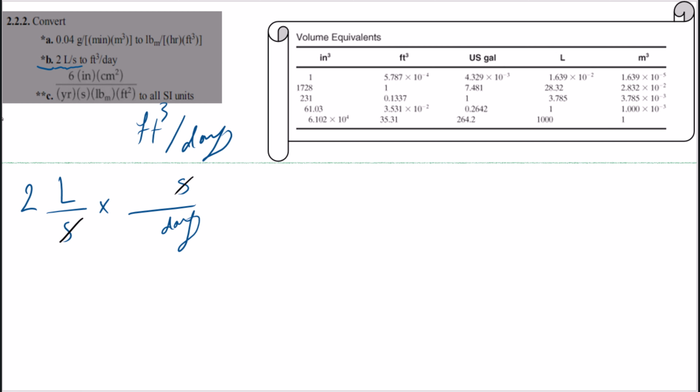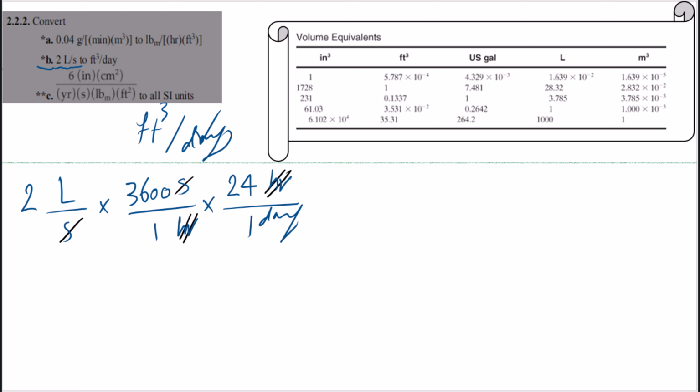If you don't know 1 day equals how many seconds, you can convert it first to hour and then convert hour to day. You say that 1 hour is 3600 seconds, and the hour here crosses with this hour. 1 day equals 24 hours. So the day is checked, we have it here.